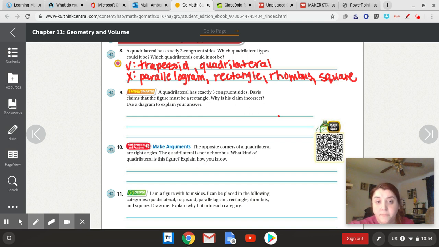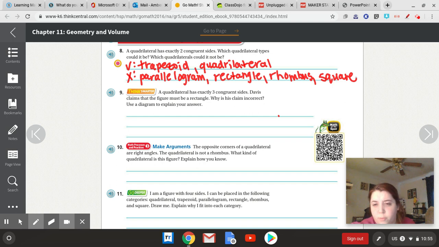Now, number 9. This will link you to your Math on the Spot video. Watch that video. Either scan that with your tablet or your phone, any device, and it'll pop that video up on your screen for you, or just log into the Think Central platform, and you can find that video on there, but watch it. And he'll go over this a little bit more in depth. So it says a quadrilateral has exactly 3 congruent sides.